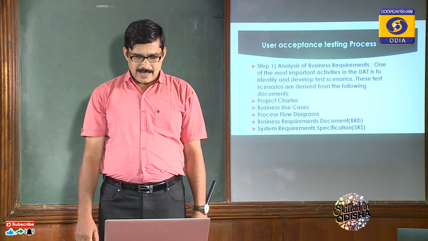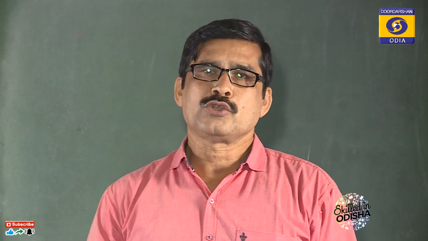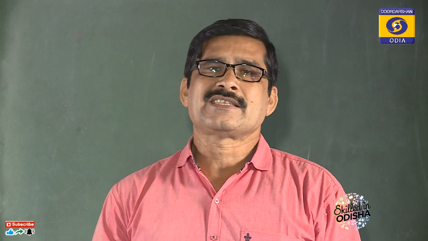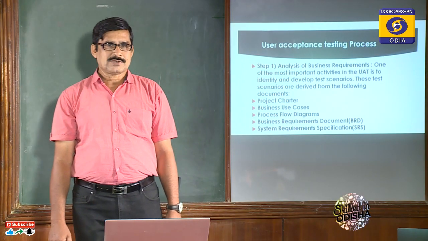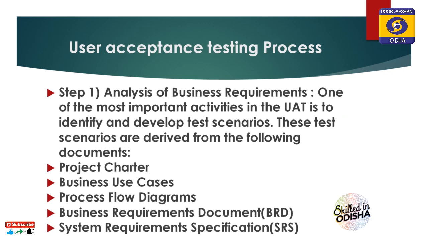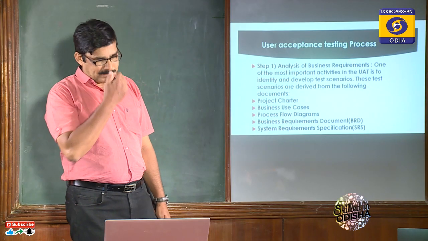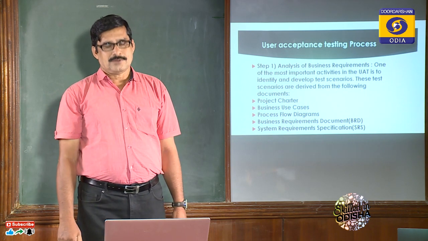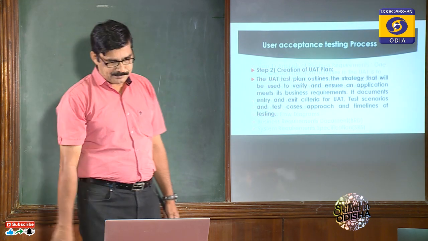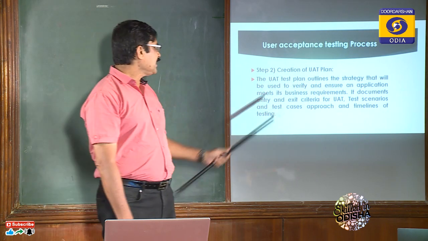In a business environment, some requirement always comes, and by seeing the business requirement, we have to collect data from the project charter, business use cases, process flow diagrams, business requirement documents, and system requirements specification. All collections will be done from these, and analysis will be done from business requirements.